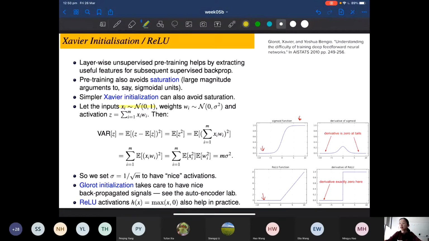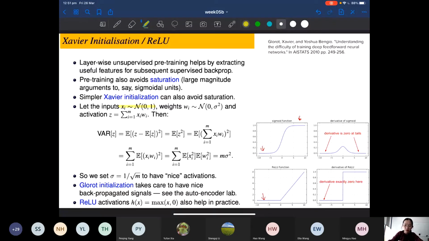Even if you don't do PCA, one standard trick is Z normalization, as it's called in data mining: for each of the continuous input dimensions, subtract the mean and divide by the standard deviation, to make at least the marginal distribution of each input dimension look like standard normal. And if we assume that the weights are initialized as a normal centered around 0, which makes sense because if x is centered around 0 and the weights are centered around 0, then the output will also be centered around 0.